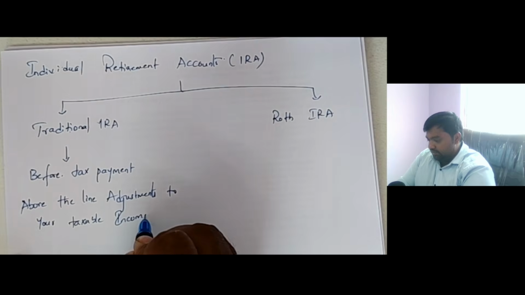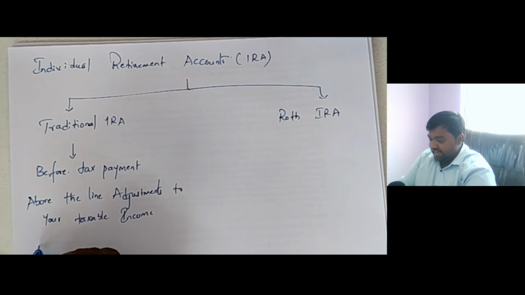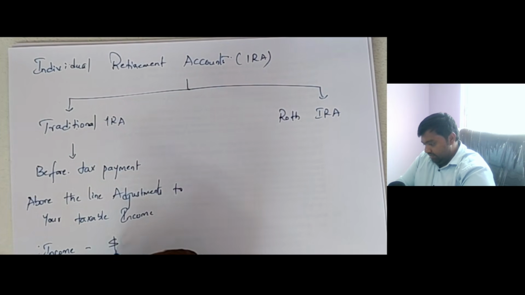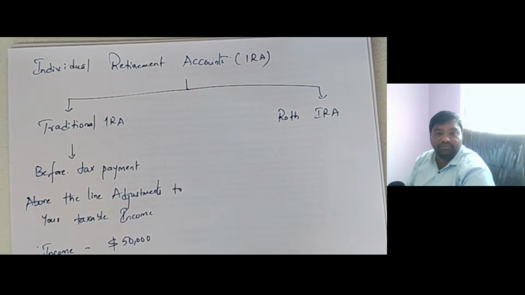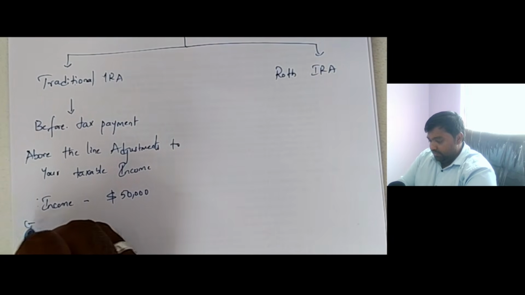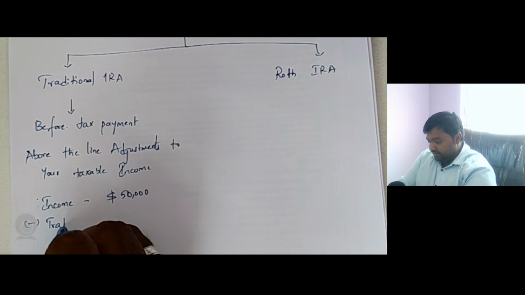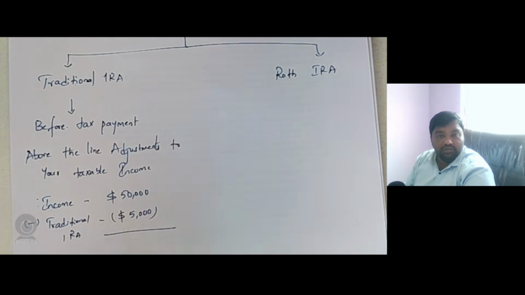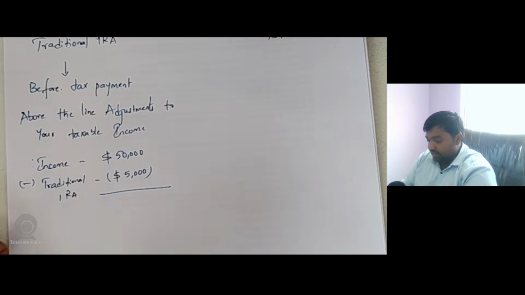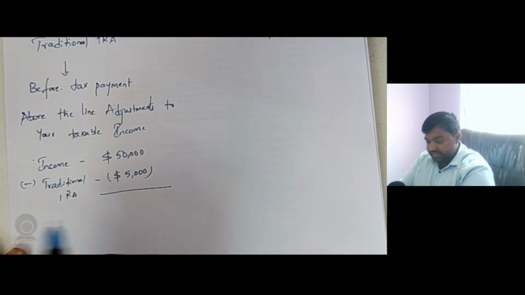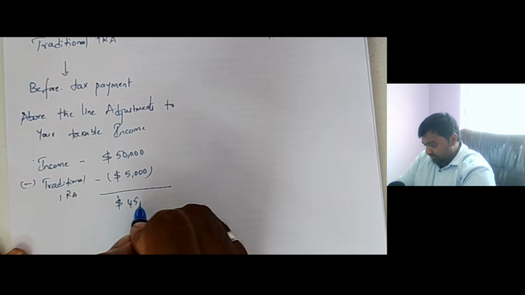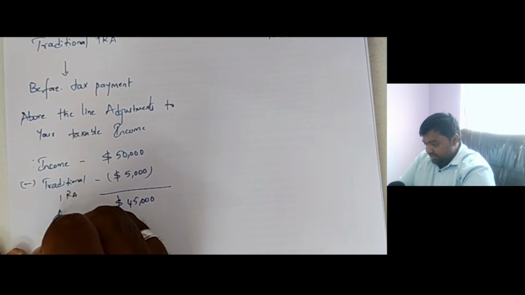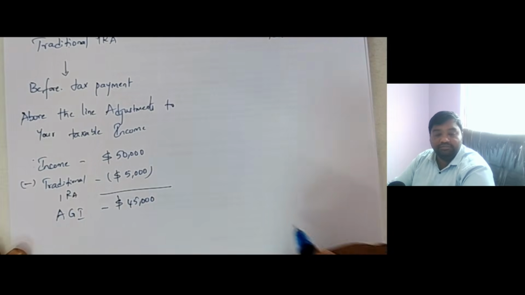For example, if your wages, salaries, whatever income you have, is let's say $50,000, and you made a contribution to a traditional IRA of $5,000, then once you subtract this, what you are getting, $45,000, is your adjusted gross income, AGI.